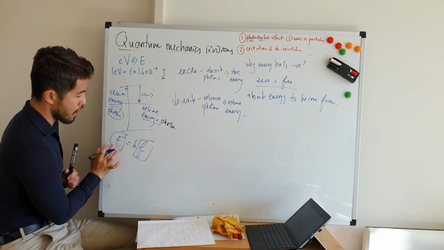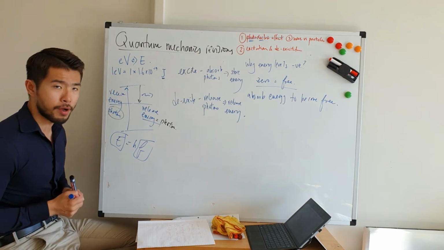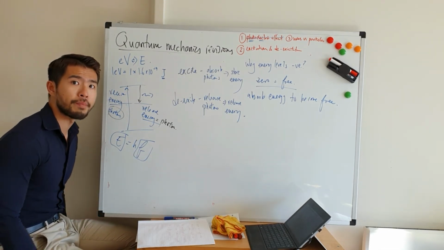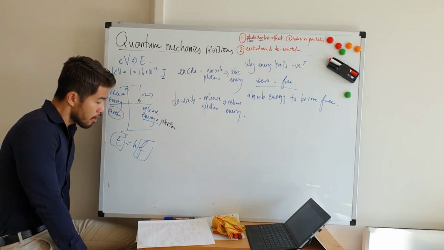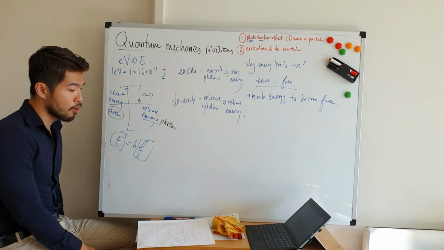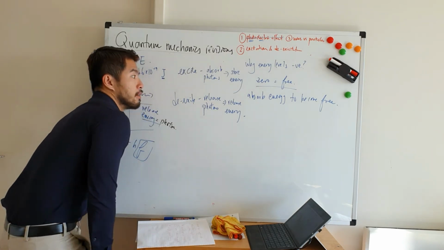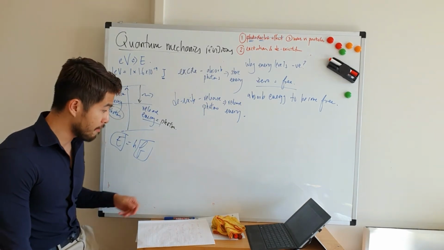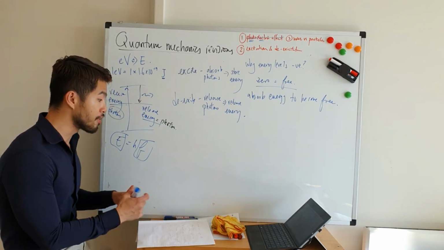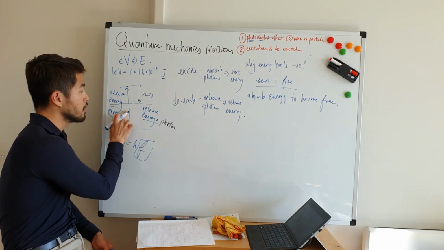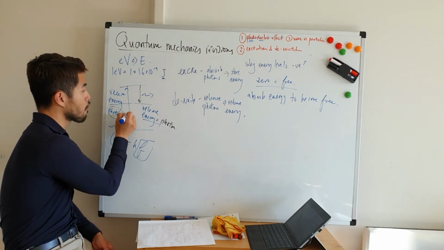The range of energy will correspond to a range of frequency. Obviously, the highest frequency will be gamma rays and X-rays. Lowest frequency will be radio waves. So that is very easy. If you totally understand what I'm talking about in here, it's not a difficult concept.